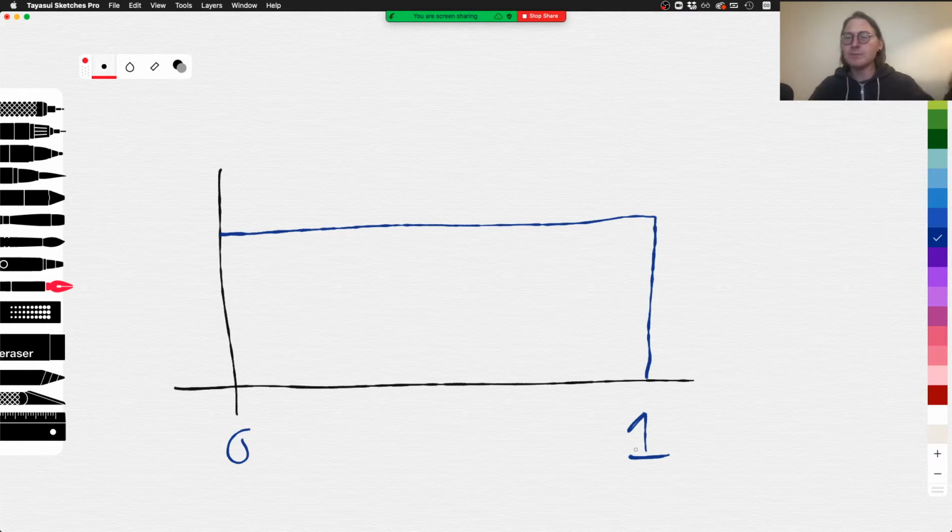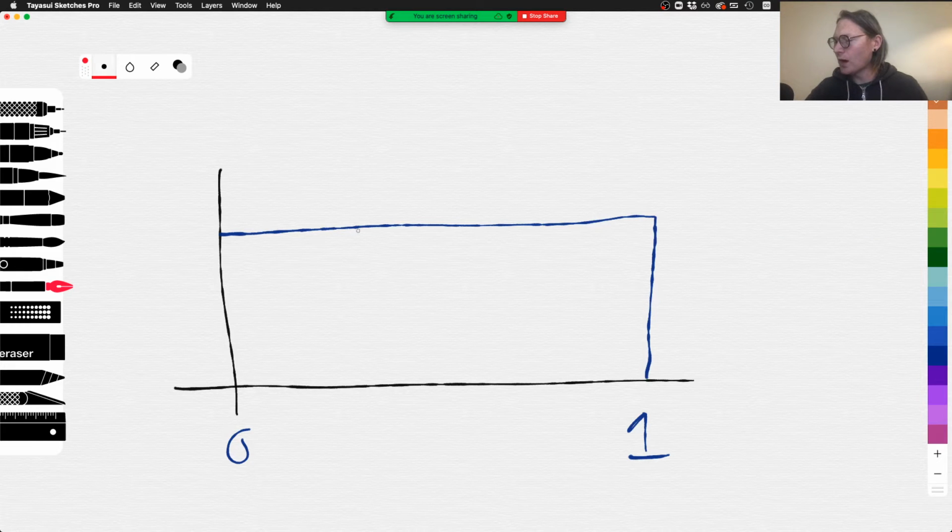It could be n, 270. It could be anything. This is a uniform distribution, right? And what we're seeing is that if we take some range of values here, there's equal probability of any given value.